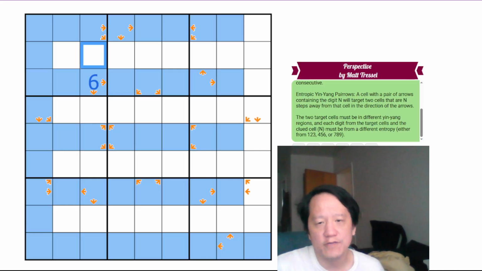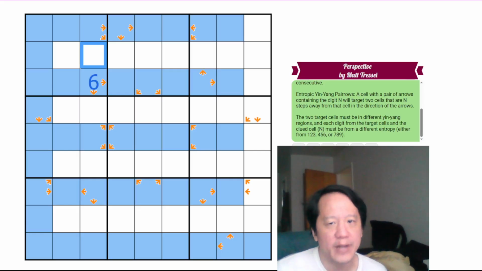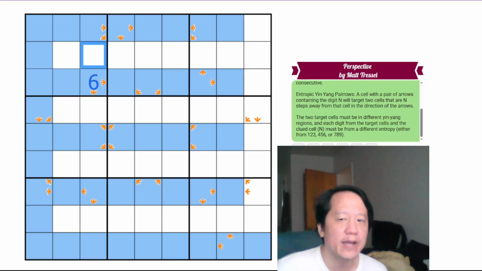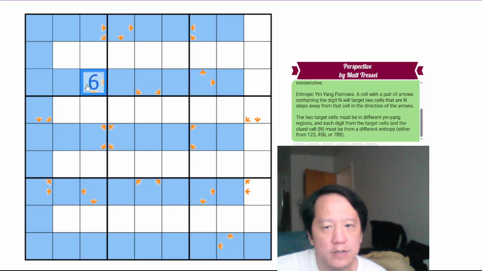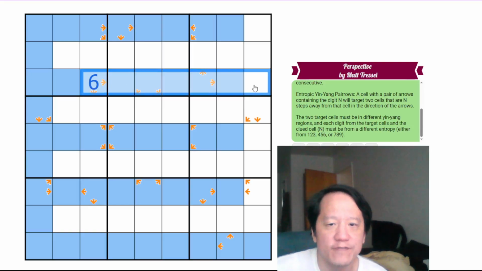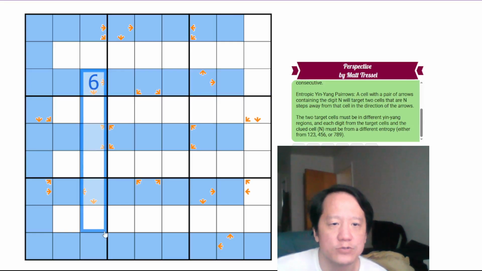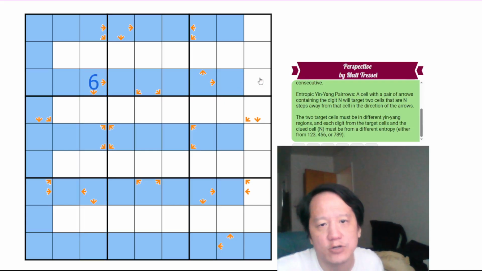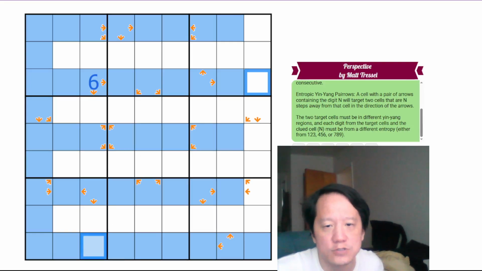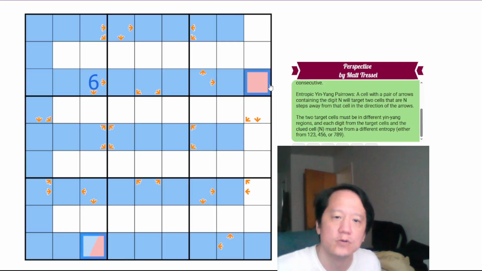And we have entropic yin-yang pairs, where a cell with a pair of arrows containing the digit n will target two cells that are n cells away from that cell in the direction of the arrows. So this cell, say we had a 6 there, it would target these two cells here.